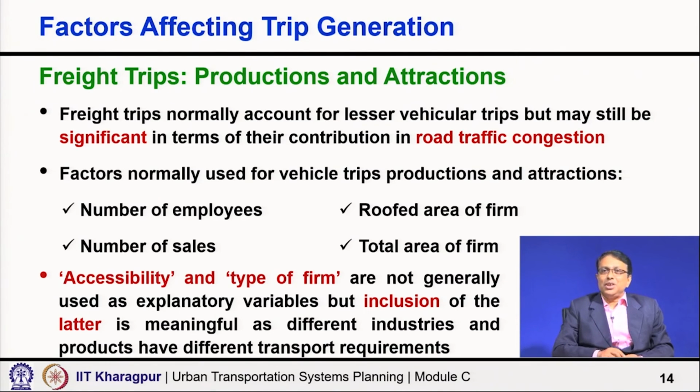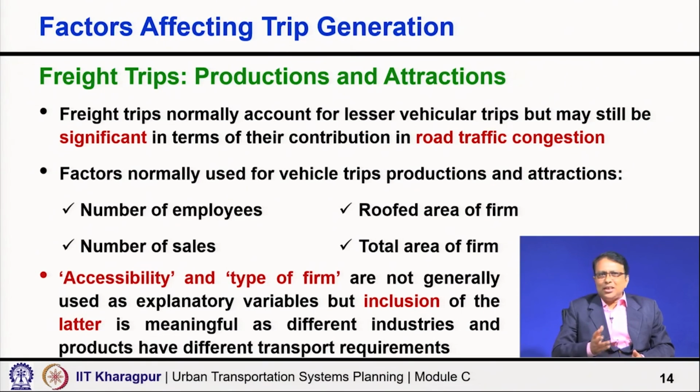So, if we are considering using type of form as a variable in our trip generation modeling for freight trips, that will mean by different industries and productions have different transport requirements, and that actually will get captured in the model. Okay. So, the accessibility is again an important, how well the places are connected. So, as it is important for the passenger trips, it is also for the goods trip.